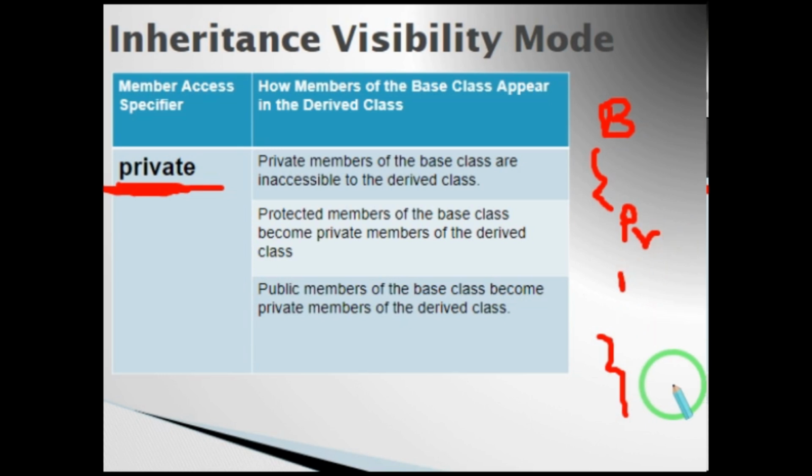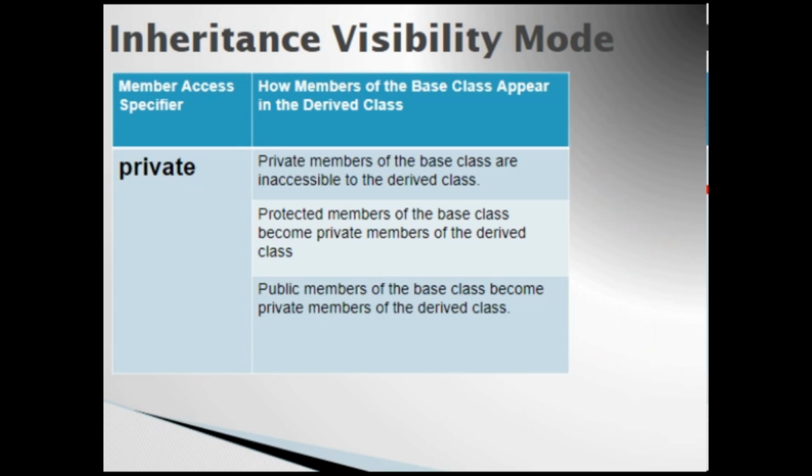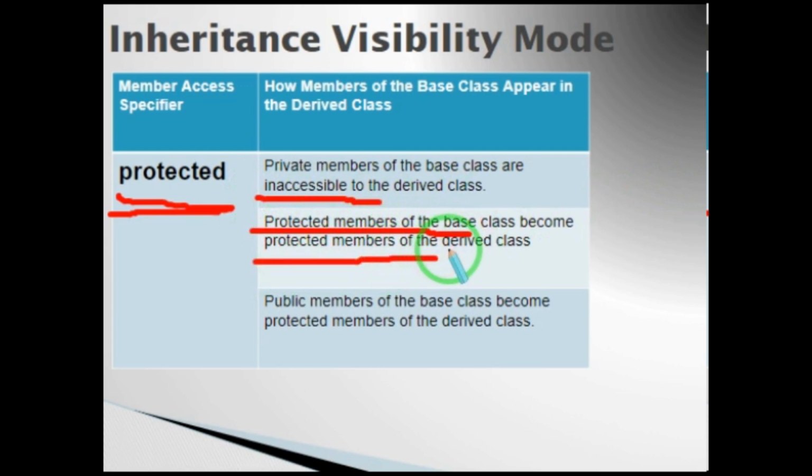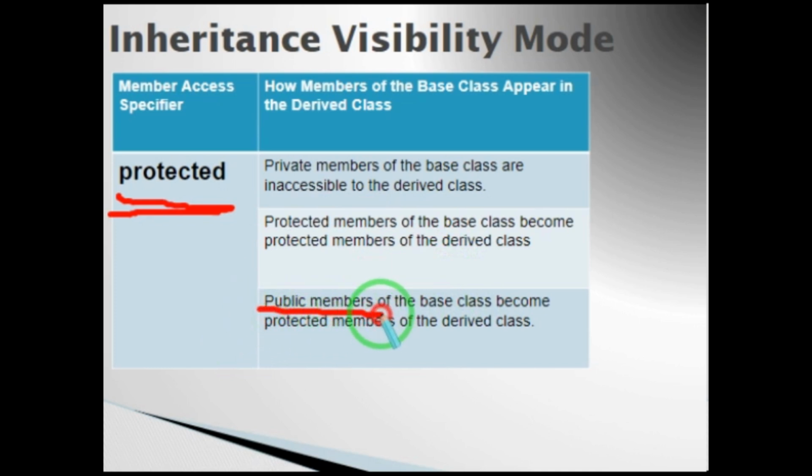Okay. Now we are going to discuss the visibility mode as protected. See carefully. Again in a similar way, if I include a visibility mode protected, the private member of the base class is inaccessible in a derived class, the protected member of the base class remains protected in a derived class, but the public member of the base class becomes protected whenever I use a visibility access mode as protected in an inheritance.